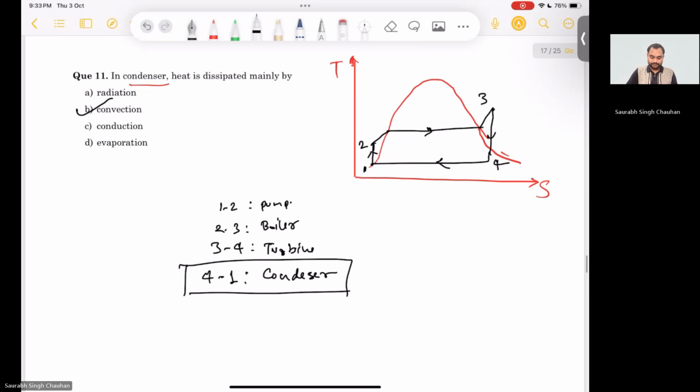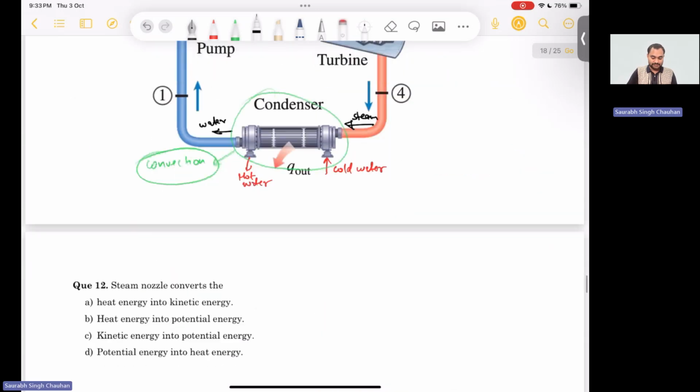So if it is clear, then we will move to the next question.